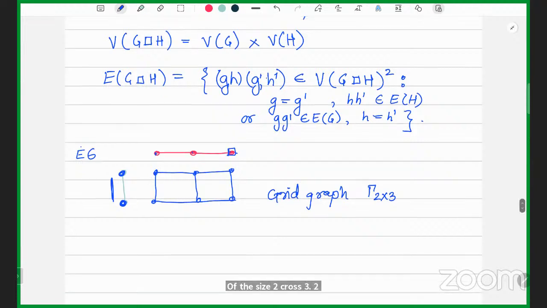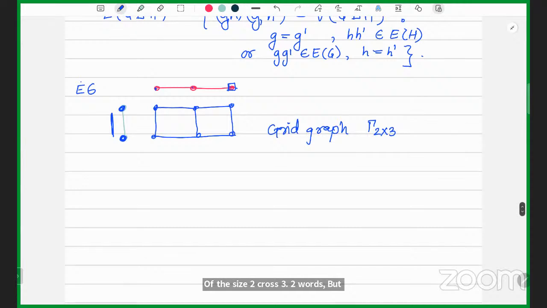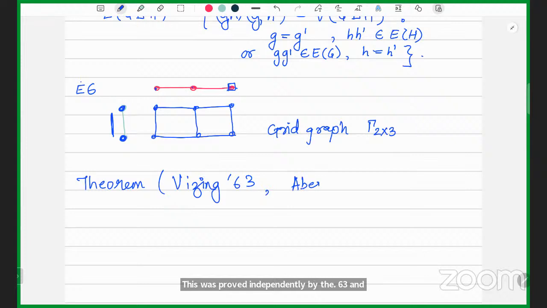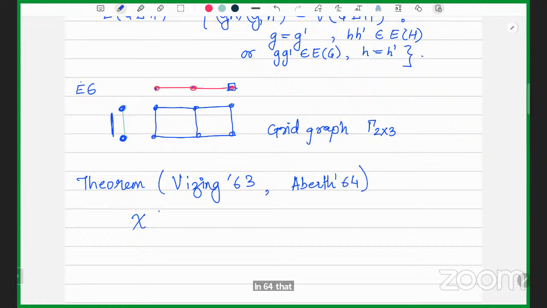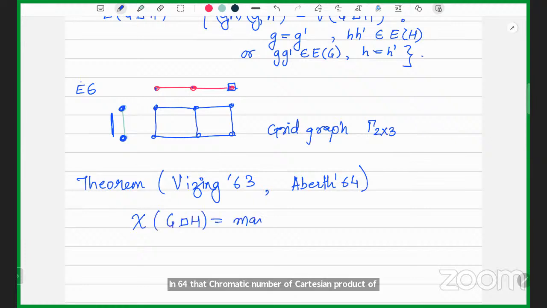But what is more important is that this was proved independently by Vizing in 63 and Ebert in 64, that the chromatic number of the Cartesian product of graphs is equal to the maximum of the individual chromatic numbers.